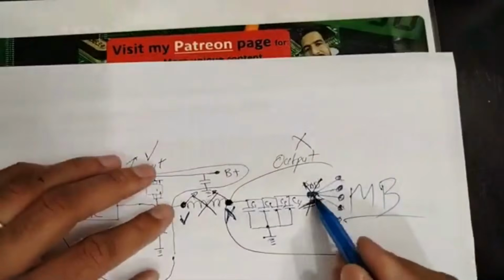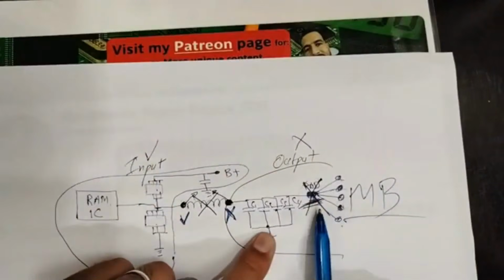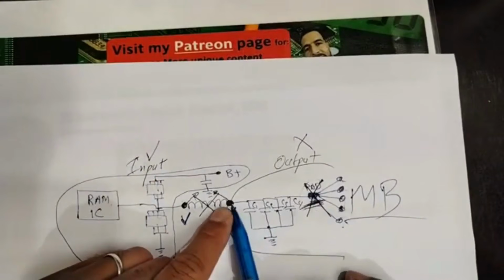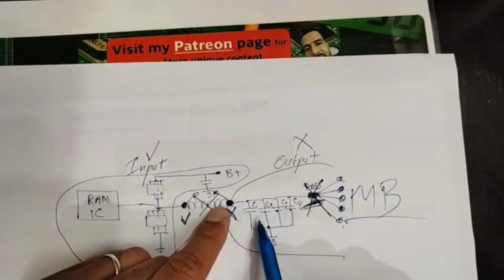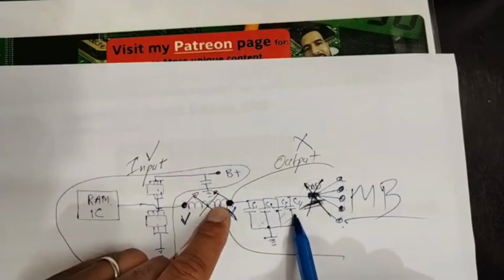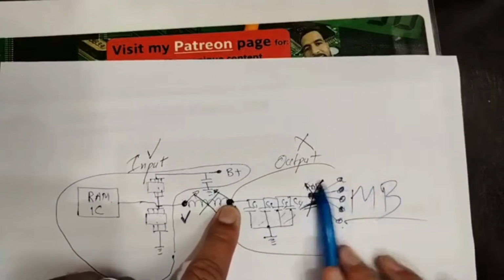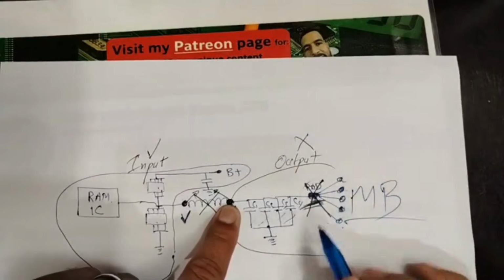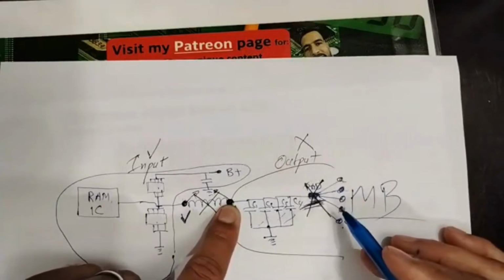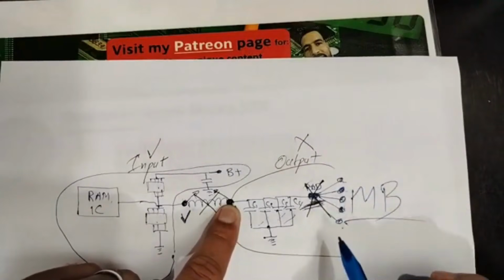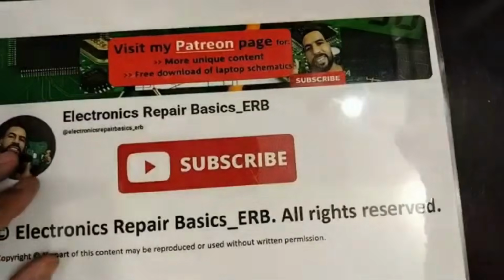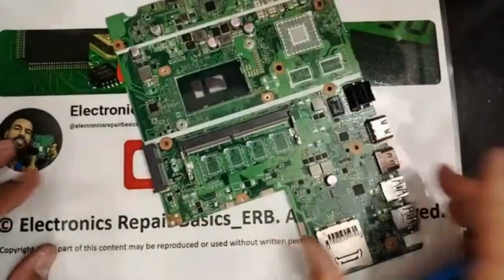If I find the short still in this point, means one of these is shorted. But if the short is gone, means the short is in the motherboard. We will do another job in the motherboard. Okay, let's see, my friends.